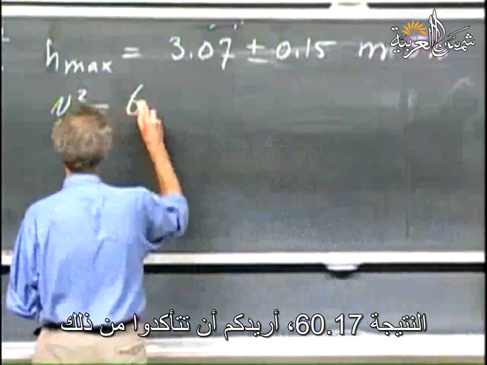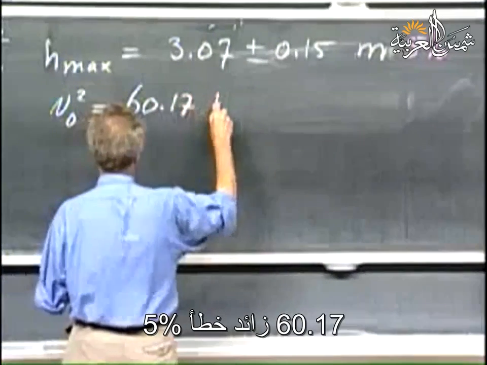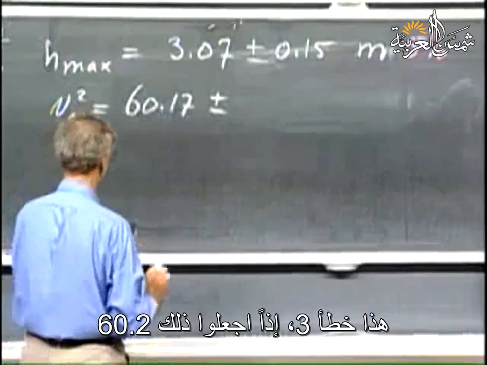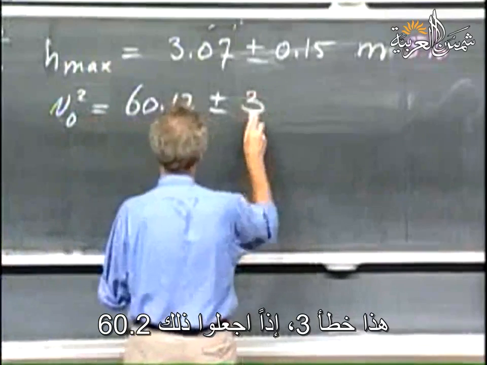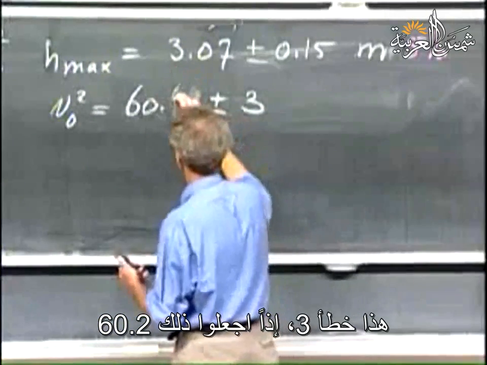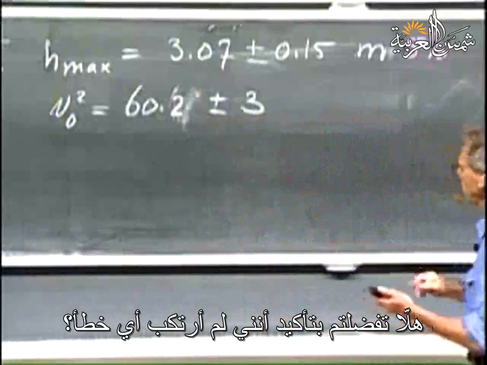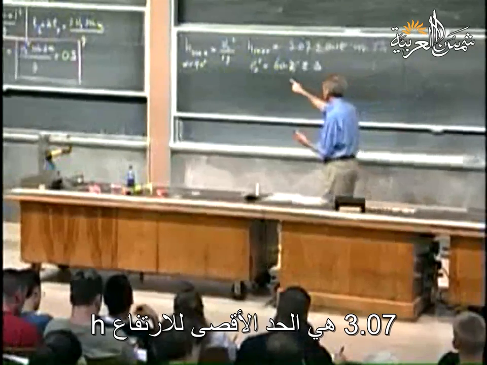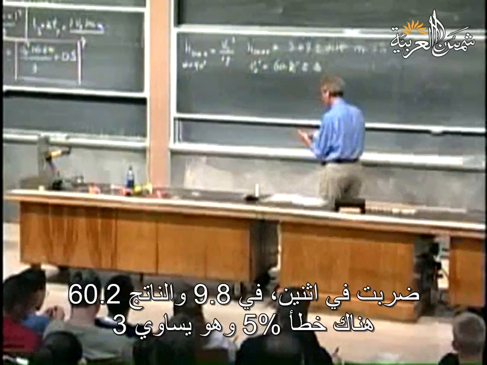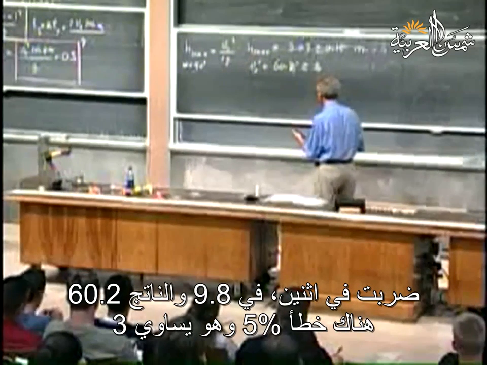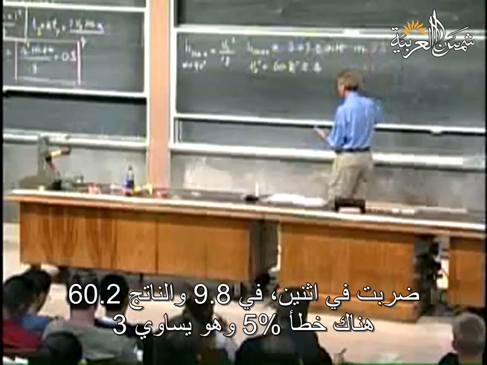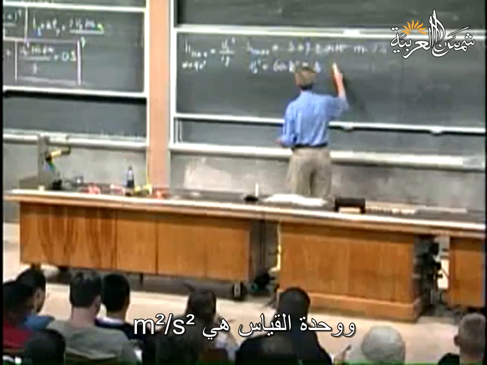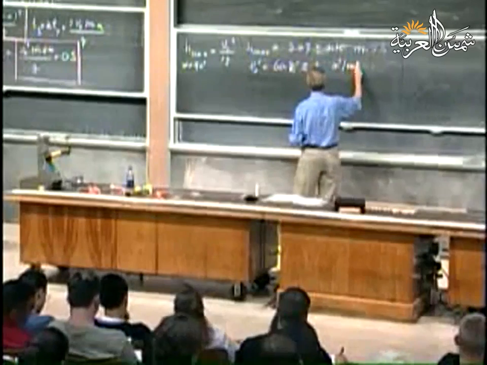I'd like you to check that. 60.17 plus an error of 5%. That is an error of 3. So you might as well make this 60.2. Would you please confirm that I didn't make a mistake? 3.07 is H max. I multiplied by 2 by 9.8. This is 60.2 with a 5% error, and a 5% error is indeed 3. This is meters squared per second squared.